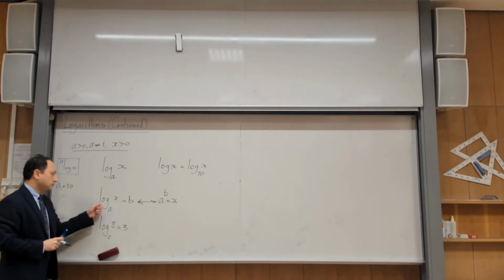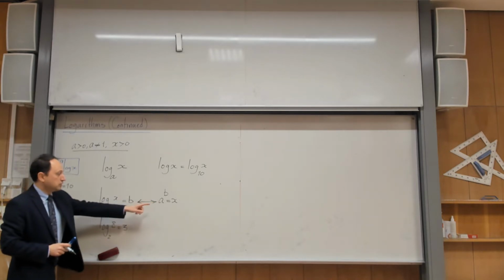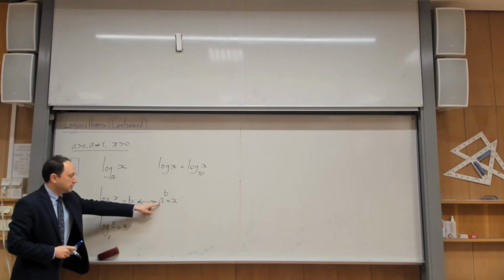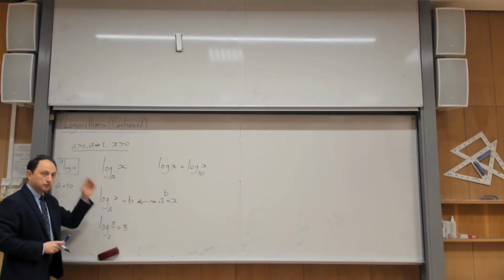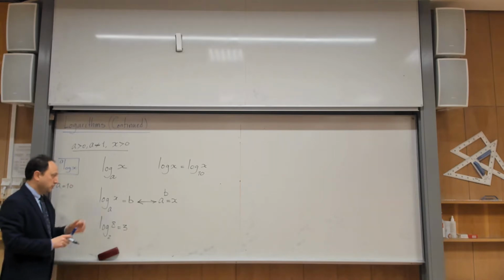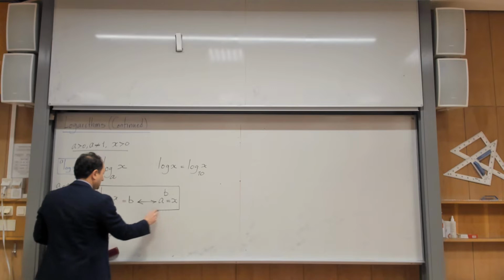Sometimes you have to translate the log expression into an exponential expression. Sometimes you should also know that when you have the exponential expression, how to go back and write it in logarithmic form. Yes? So this is the only thing that you need to know in the definition of the logarithm.